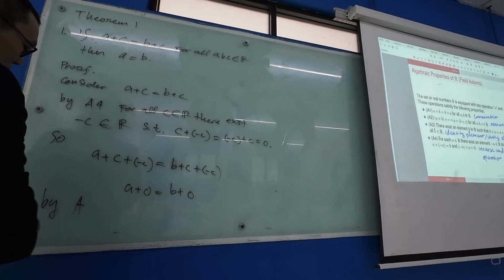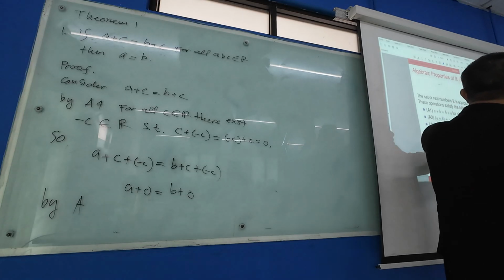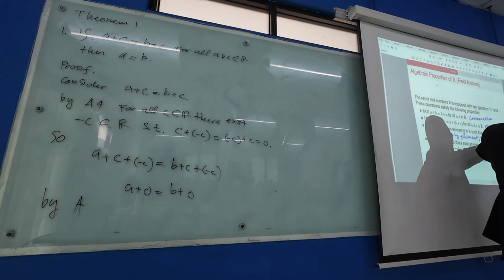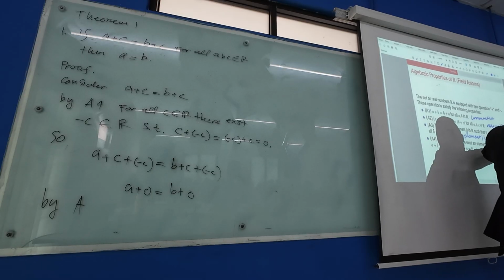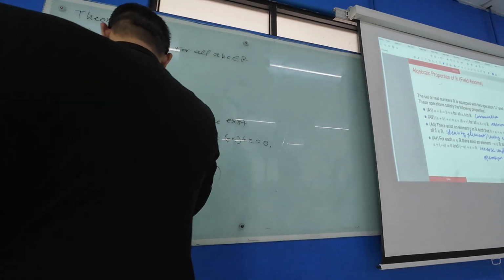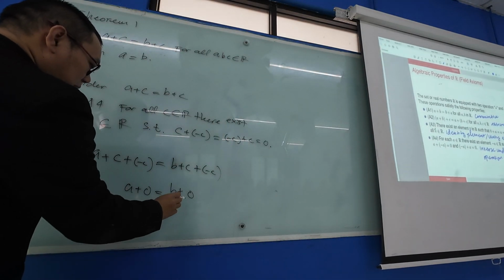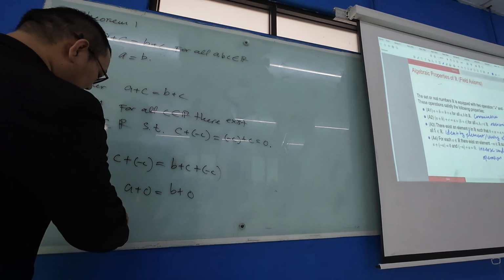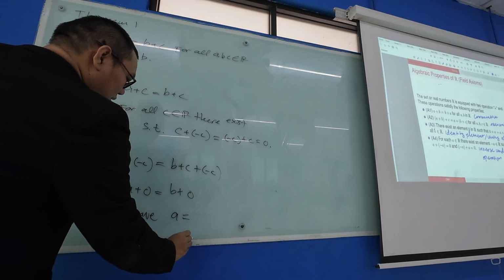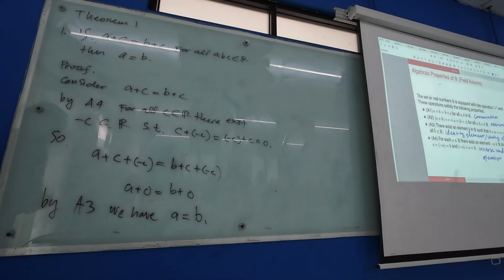By axiom number 3, any real number plus 0 equals that number itself. So A plus 0 is A, B plus 0 is B. We have A equals B. It proves it.